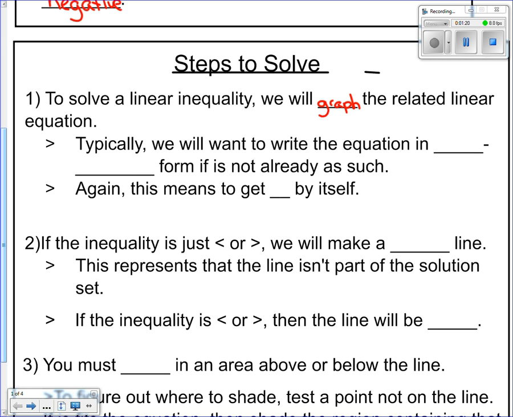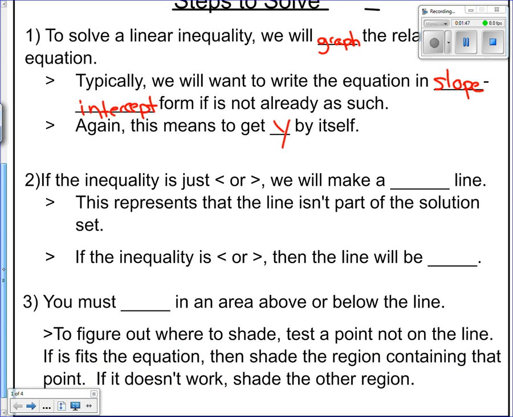Typically, we will want to write the equation in slope-intercept form, if it is not already as such. And again, just like last chapter, this means we get the y by itself. And sometimes it'll already be like that. We can go ahead and graph it as it is. If it's not, we do the algebra, we move everything else other than the y, and then we move on to step 2.